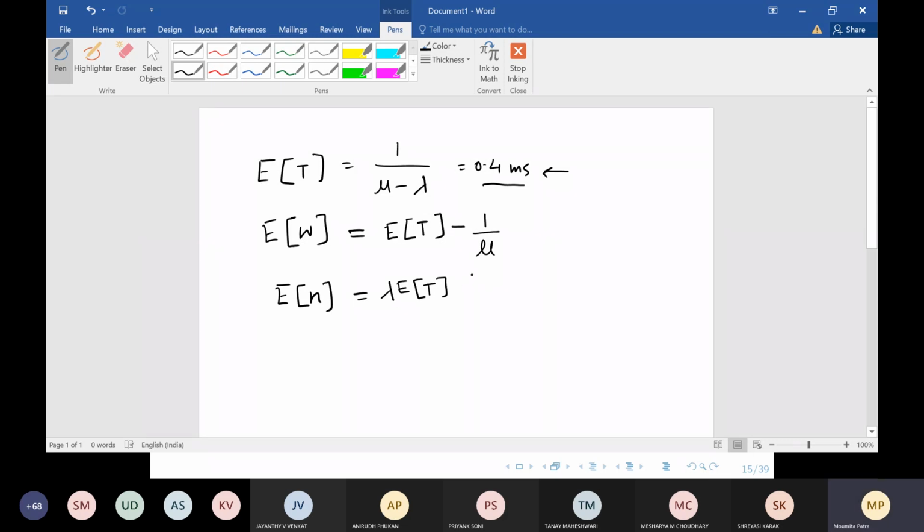So this is from Little's law. Then you get E of nq, which you can also get from this value. Now I would like to know what values you all are getting.